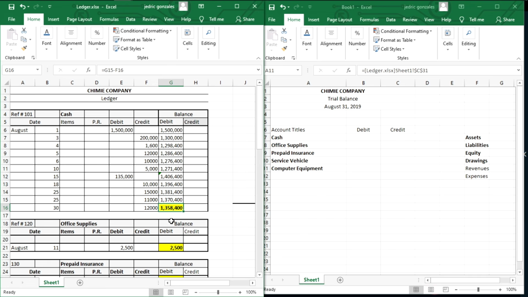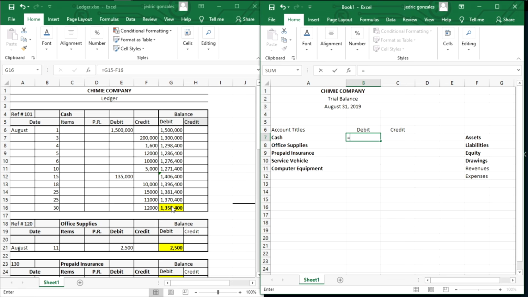Also, naka-indicate naman din dito. Ayan, ang kanyang 1,358,400 na balance ay naka-debit. So, just transfer that. 1,358,400. And then, the debit balance naman ni office supplies is 2,500.